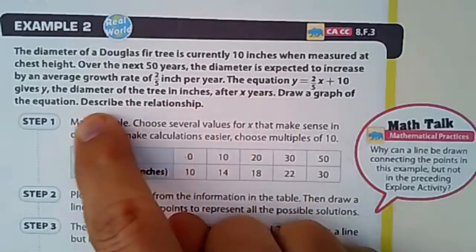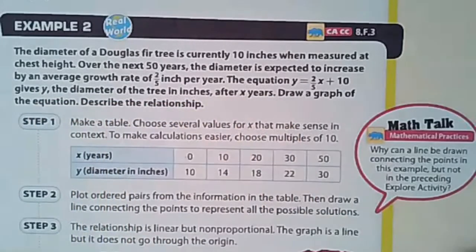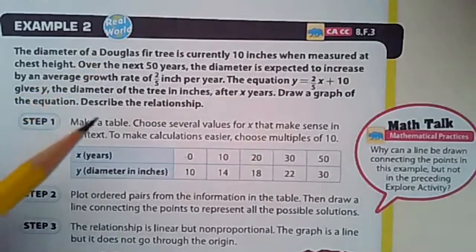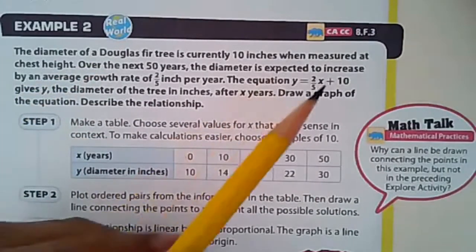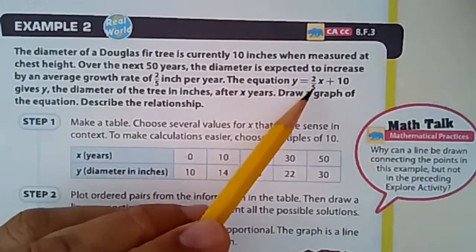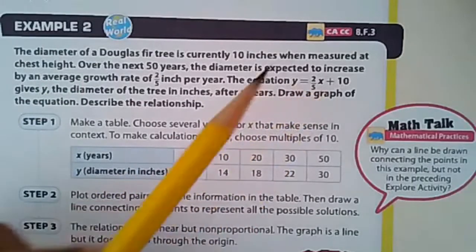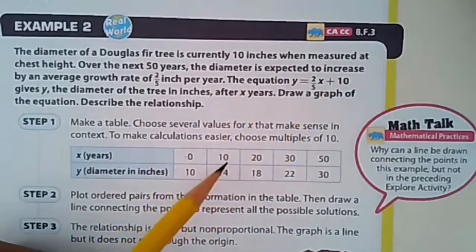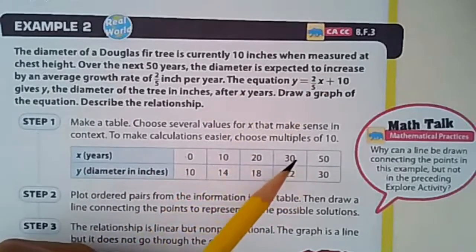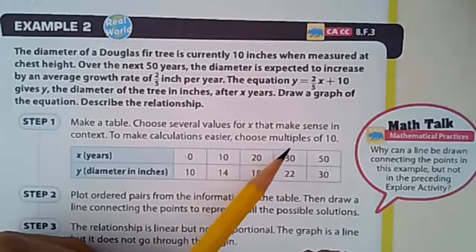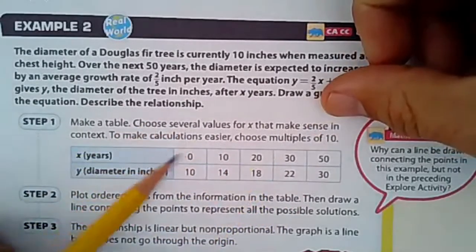So we're asked to draw the graph of the equation, describe the relationship. Okay, if I put 0 in for x, this is going to be easy because 2/5 times 0 is 0, and 0 plus 10 is 10. So they decided to do this in multiples of 10 to make the math a little bit easier.